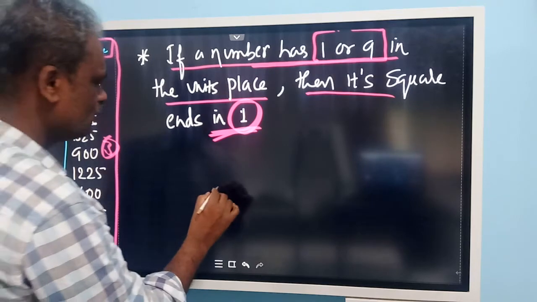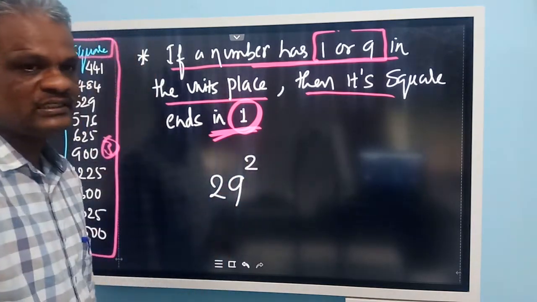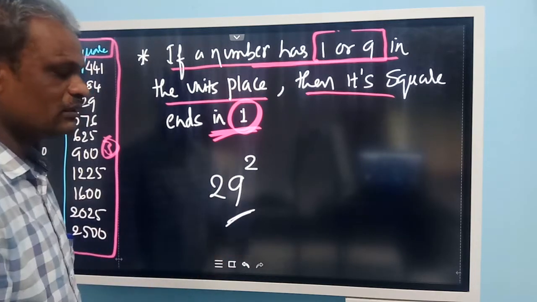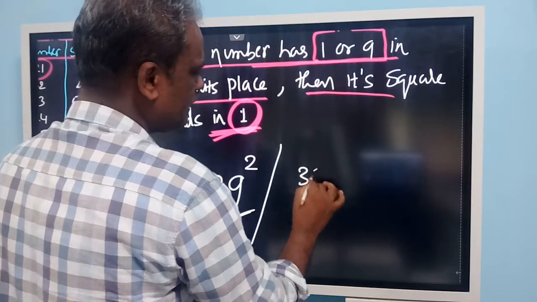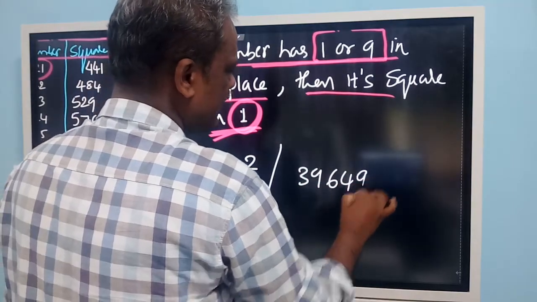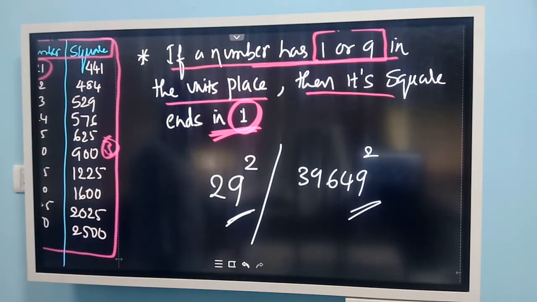Now if I ask you, what is the unit digit of the square of 29? What is the unit digit of this square number? Definitely 1. Then if I give 3649, what is the units place of its square? Definitely 1. And 3651? Definitely 1.